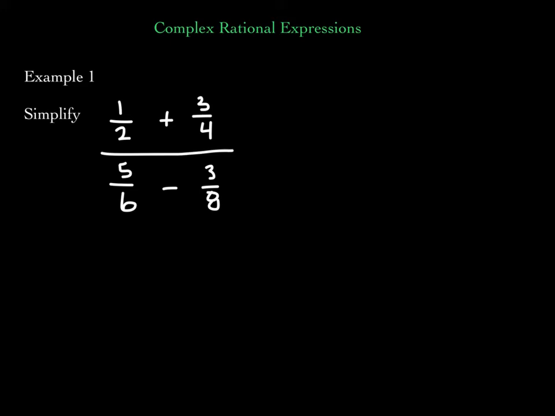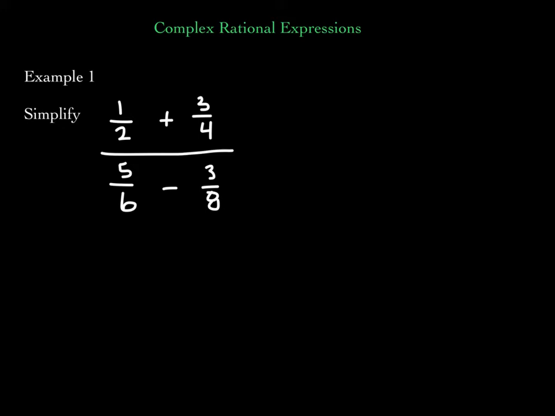So this is going to be called method number one because there's going to be a couple ways to do this work. So method number one is to multiply every single term in the numerator, every single term in the denominator by the LCD or LCM, the LCD of every single fraction, every single term.